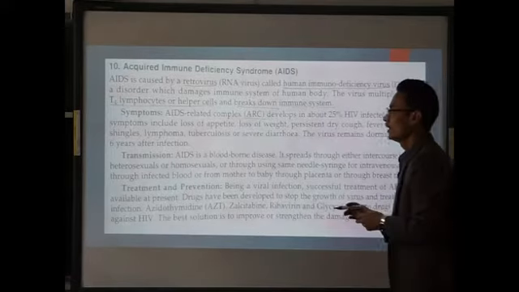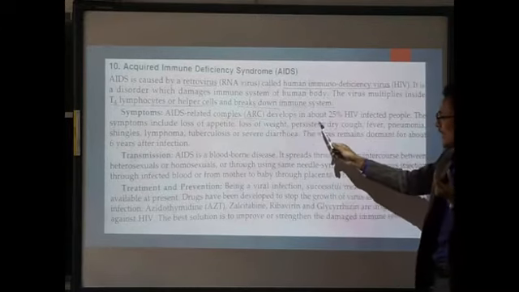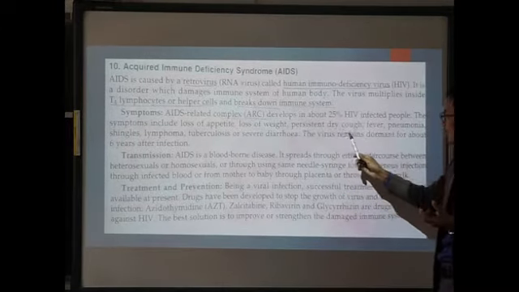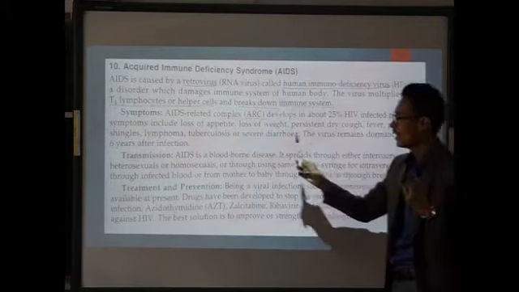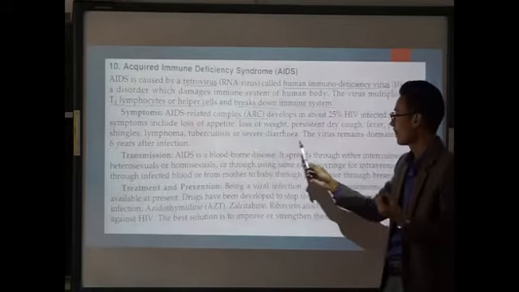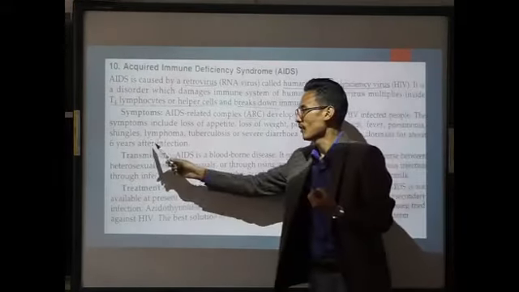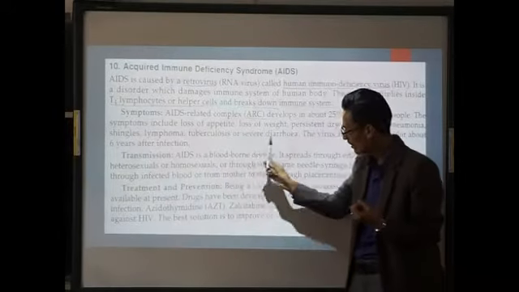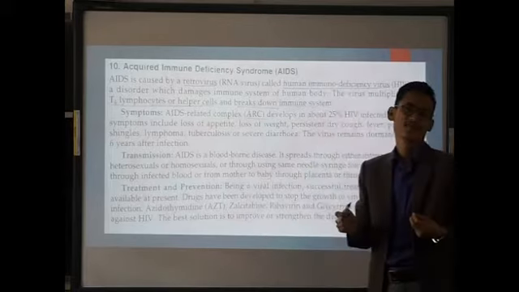You can see over here: loss of appetite, loss of weight, persistent dry cough, fever, pneumonia, shingles, lymphoma, tuberculosis, or severe diarrhea. The virus remains dormant for about 6 years after infection. So these are the general infections of HIV/AIDS.